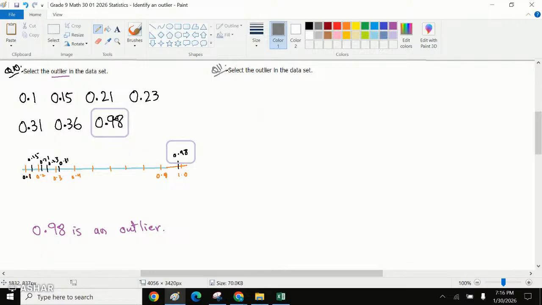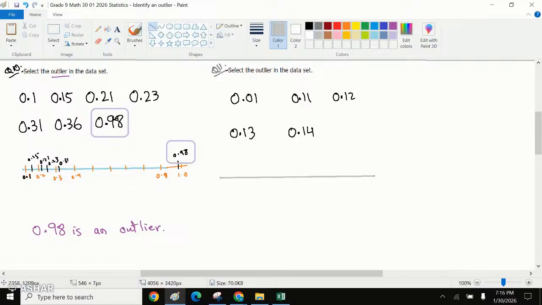Let's try to make a more interesting question. If the numbers given to us were 0.01, 0.11, 0.12, 0.13, and 0.14. Okay. So what we can say is which number would be an outlier in this case?